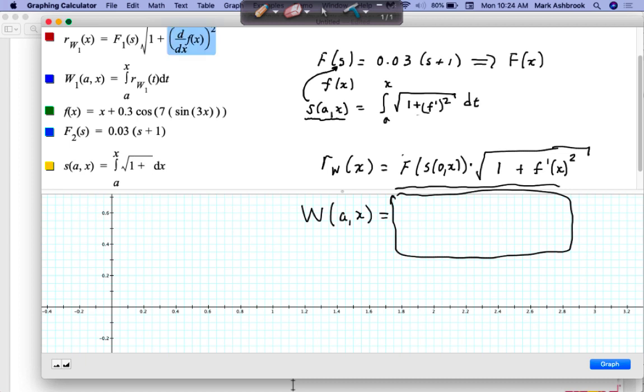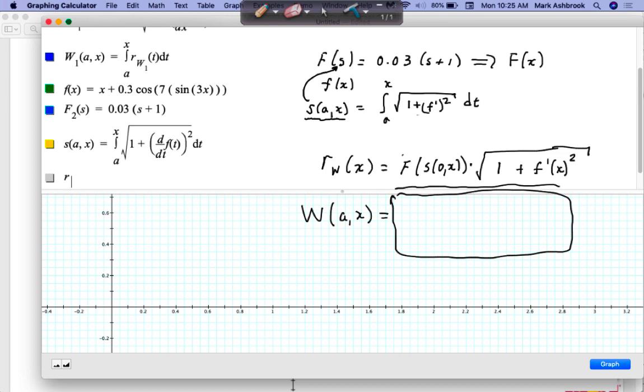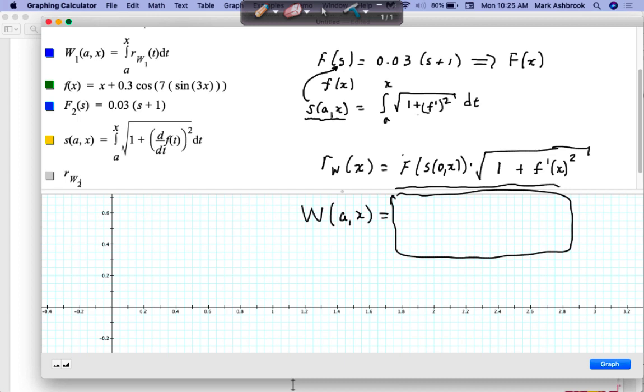So I'm going to copy and paste, go a lot faster. But that needs to be t and t and t. Now we're ready to write the rate function for rate 2. So our rate, control W, control 2.